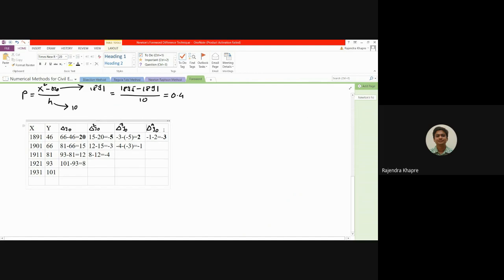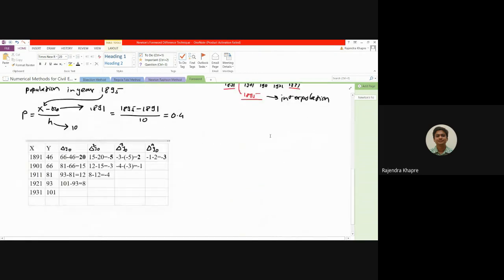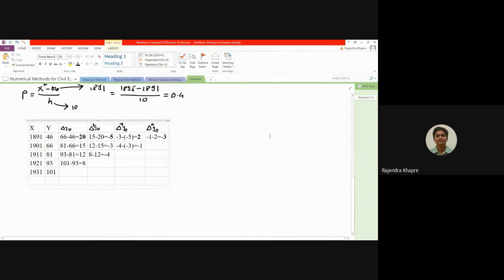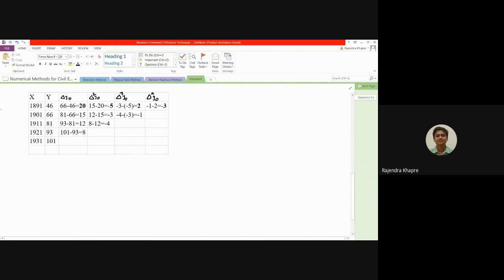Okay. So our final equation, because this is an unending equation, right? Our final equation will be something like this, because it must have a value up to delta to the power 4 y0.